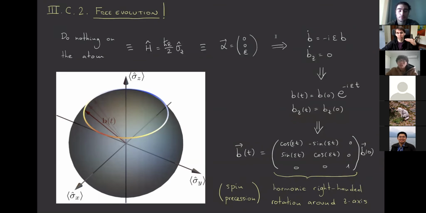So if we start with one population in the excited state and one population in the ground state, we keep that throughout the evolution. And B of t, this complex B, evolves according to just a phase linear with time.